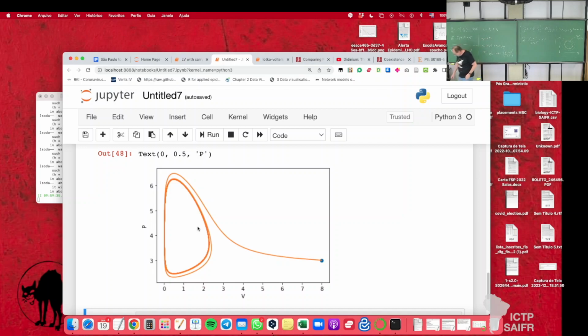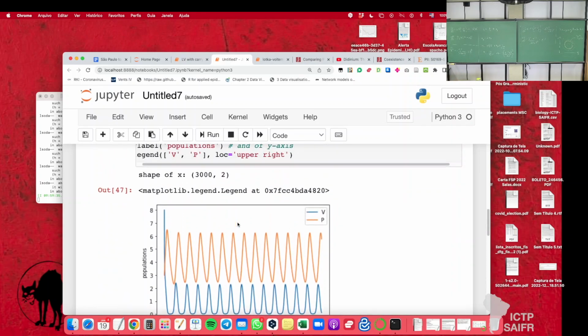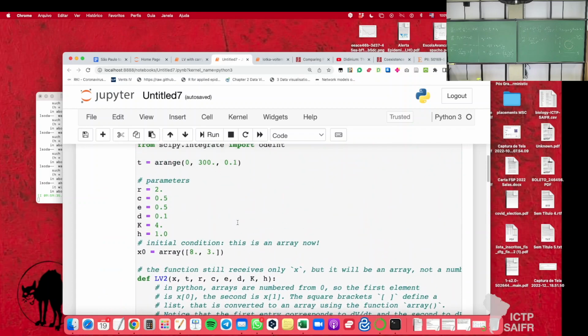So we already know that the initial condition is not very important. We can take whatever we want, because at the end of the day, you go to the closed curve. Now let's see what happens if I modify k.